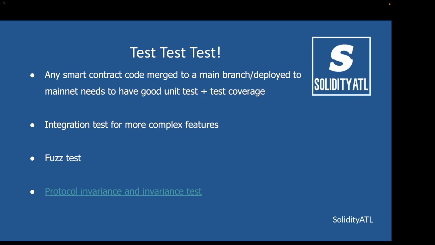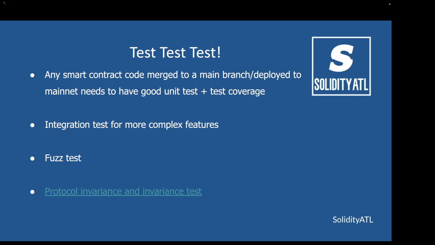The next aspect of how protocols can harden themselves to minimize the risk of being hacked or exploited is test. As with Web2 software, tests are very important to validate the software is doing what developers expect it to do. But it's also important to validate security aspects as well.